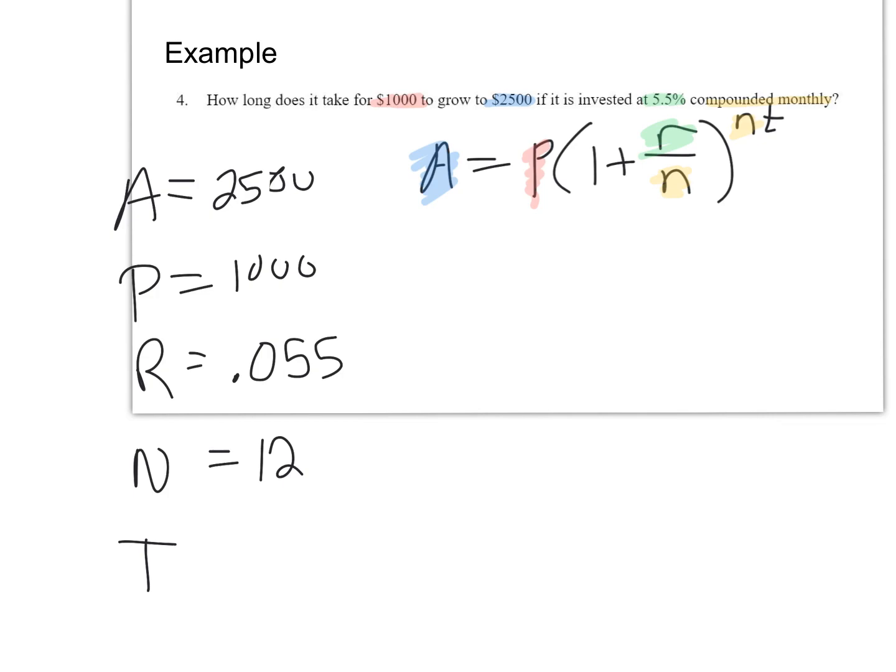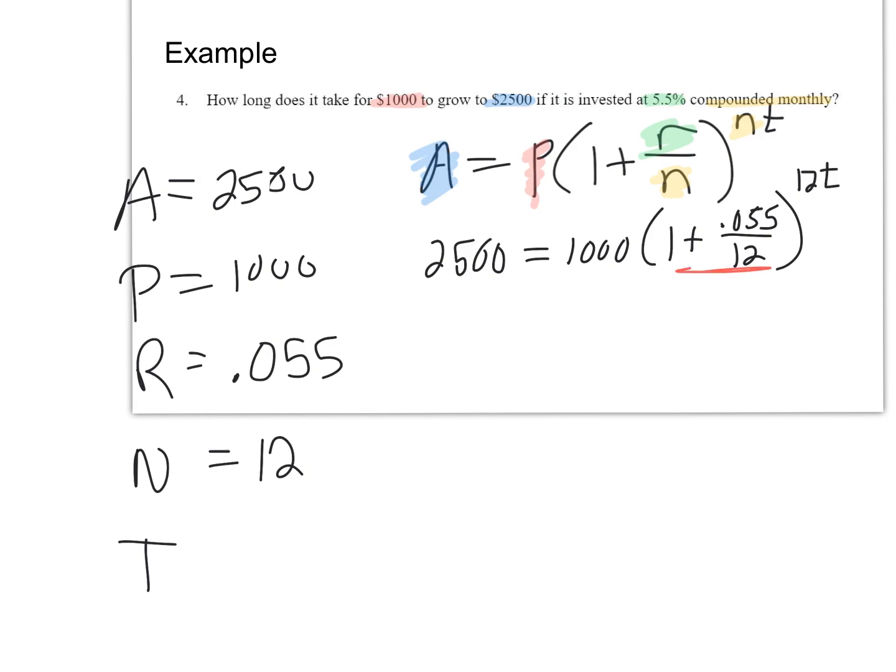All right. So let's fill in what we know. Okay, so 2,500 equals 1,000 times 1 plus my rate of 0.055 divided by 12 raised to the 12th power. Okay, now I'm going to start in the parenthesis because I can.